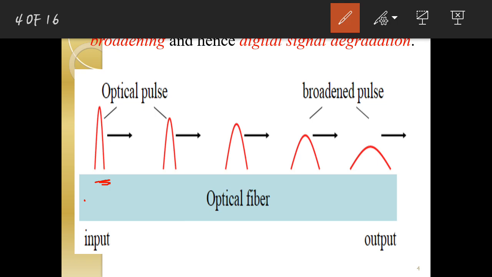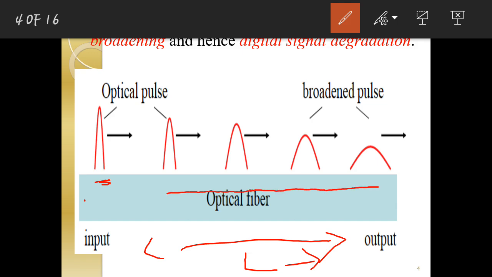As the length of the fiber increases, you can notice that your pulse is broadening. At the output terminal, your pulse is broadened. So what happens? You have a smaller time period, and as it goes along the length of the fiber, the pulse is expanded.